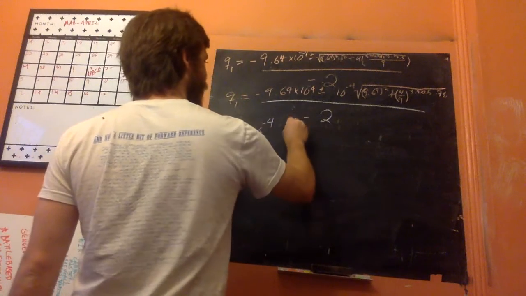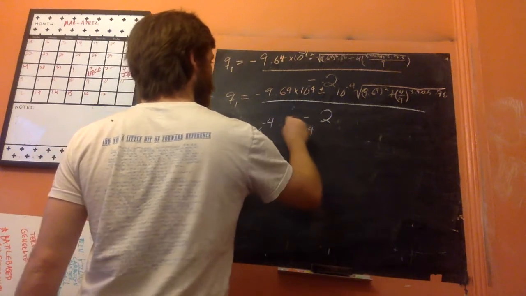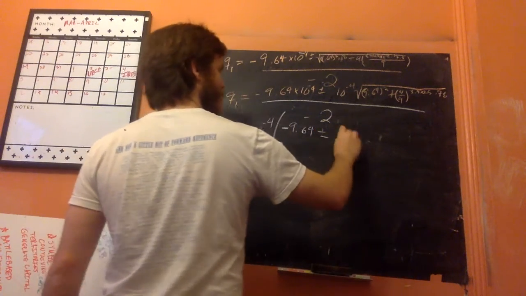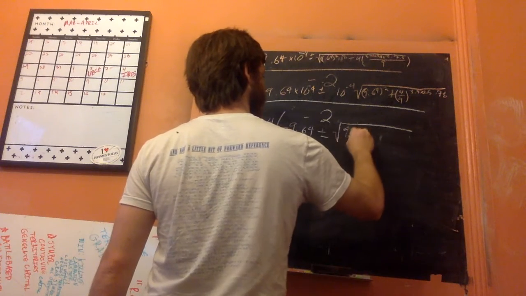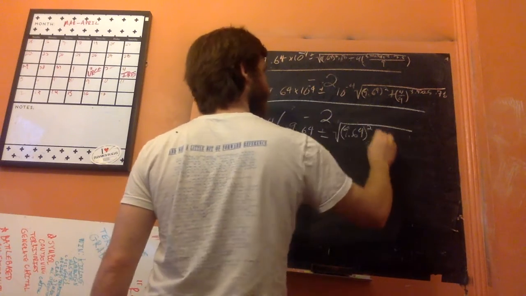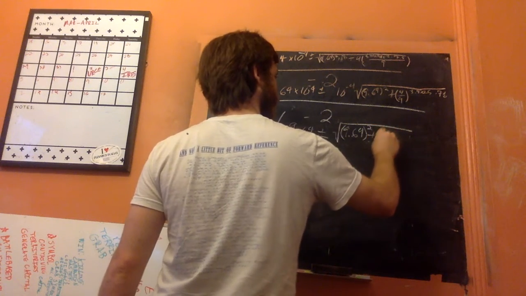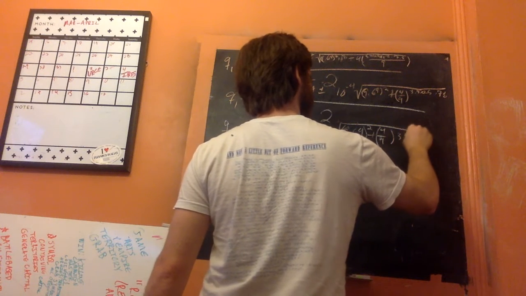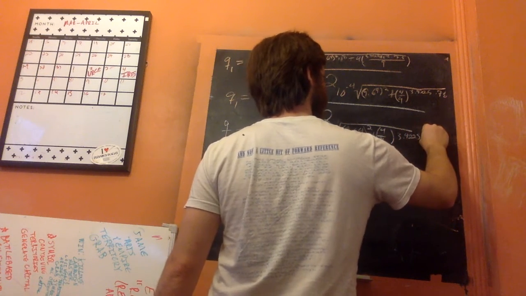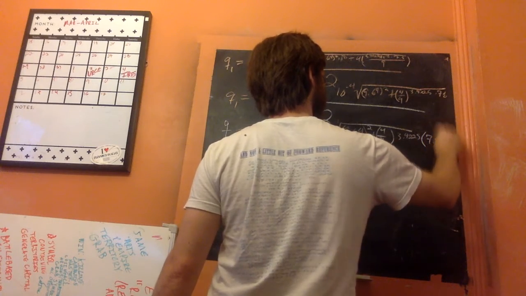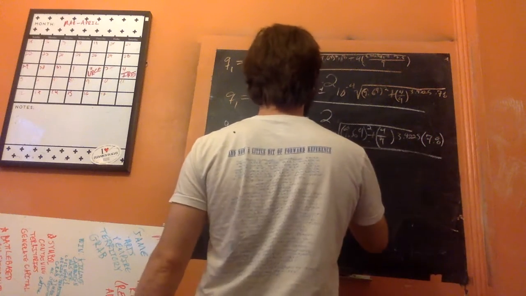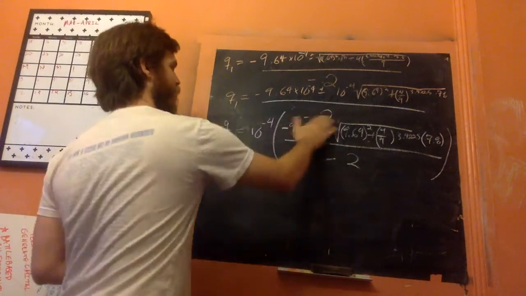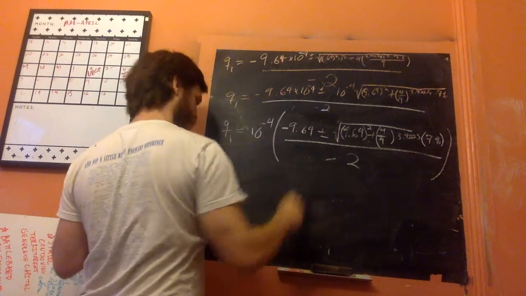And then we've got all this, so 9.64 plus or minus the square root of 9.64 squared plus 4 over 9 times 3.4225 times 7.8, over -2. All right, so -2 is from up here. This should be your answer.